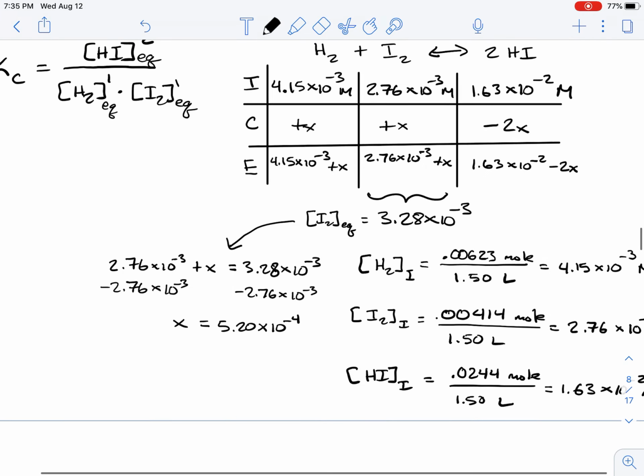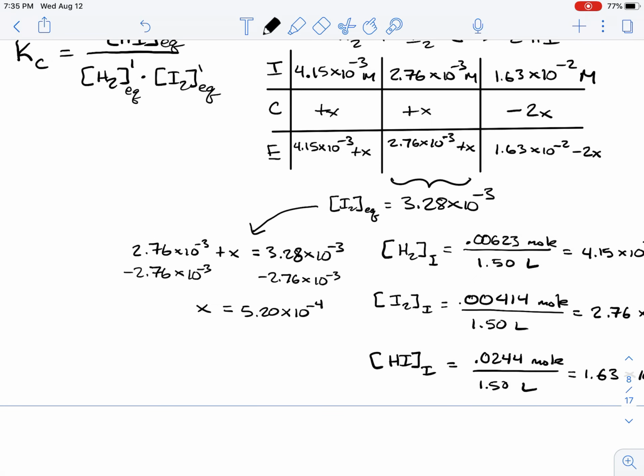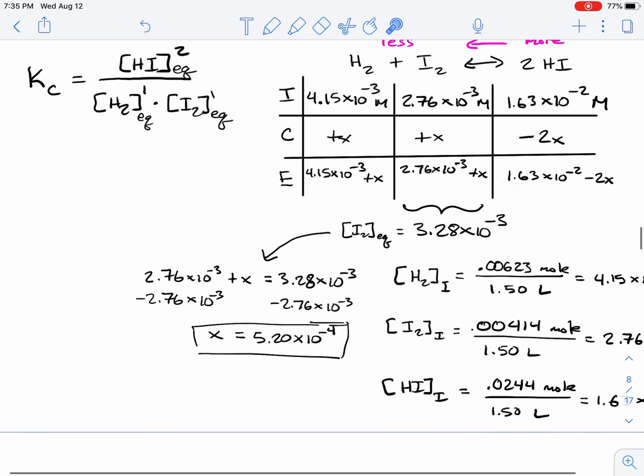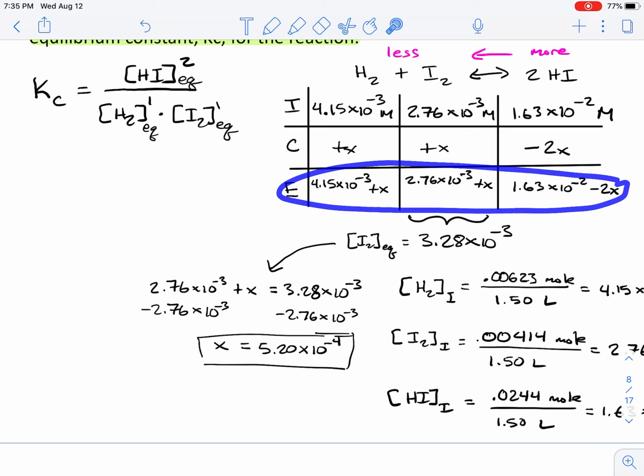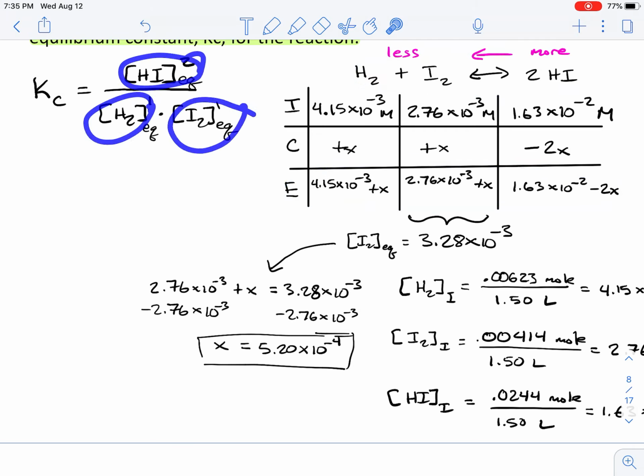Okay. So that's awesome. Once I've figured out my value of x, I can go ahead and plug in this value of x everywhere where I see x for the equilibrium concentration. And once I've figured out the equilibrium concentration for each and every single one of these substances, I can then go ahead and plug it into my mass action expression, which allows me to solve for Kc.